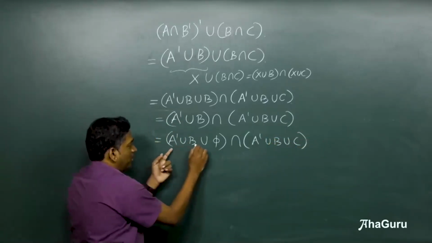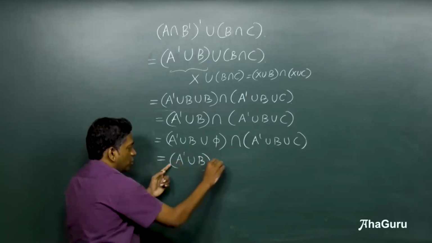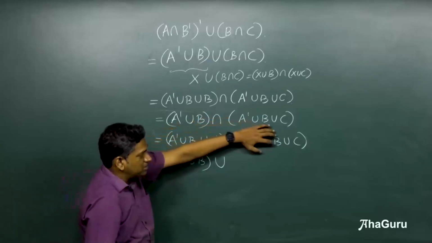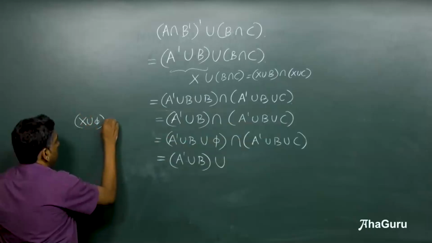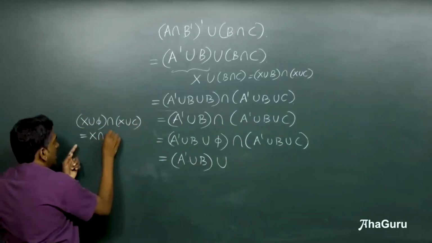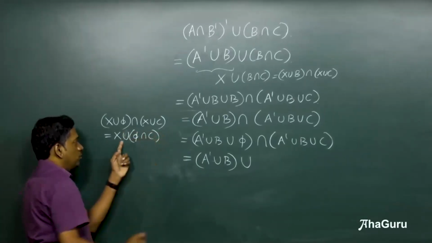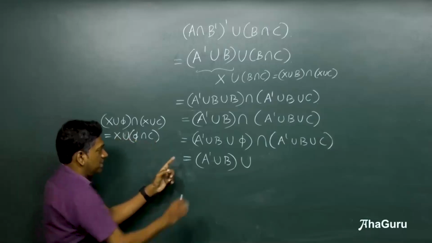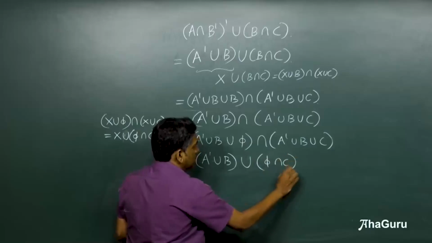You can see that A complement union B can be taken as a common union. So this is one set, X union phi intersection X union C. We can apply distributive law: X union (phi intersection C). So X is A complement union B, union phi intersection C.